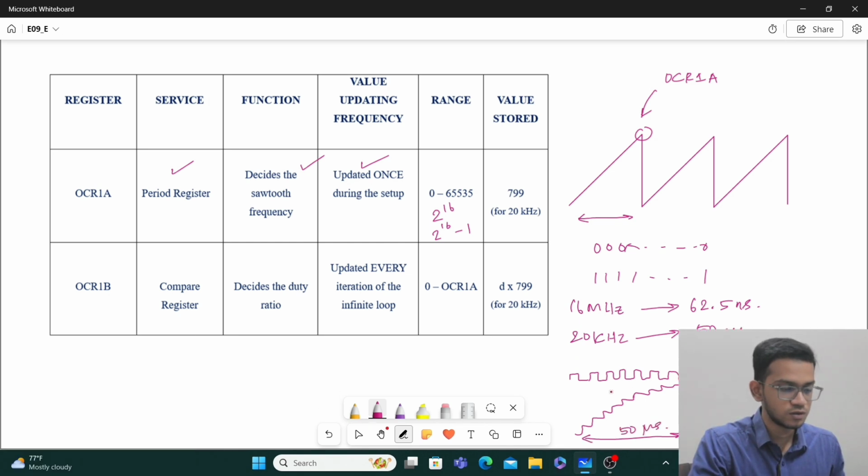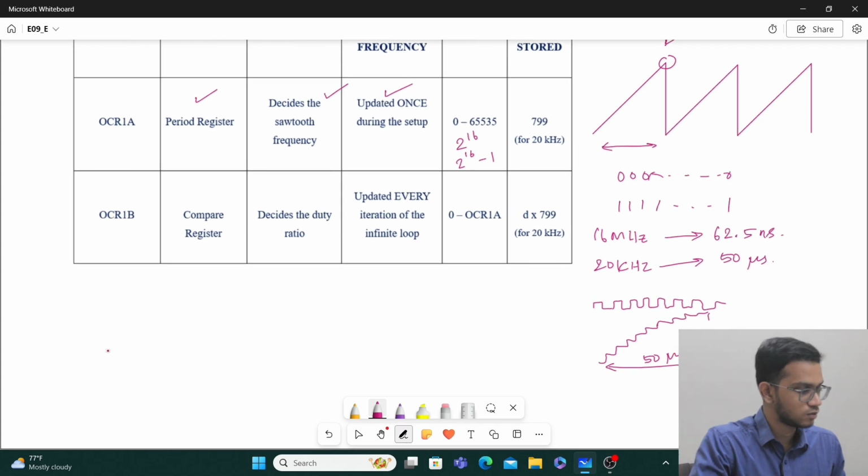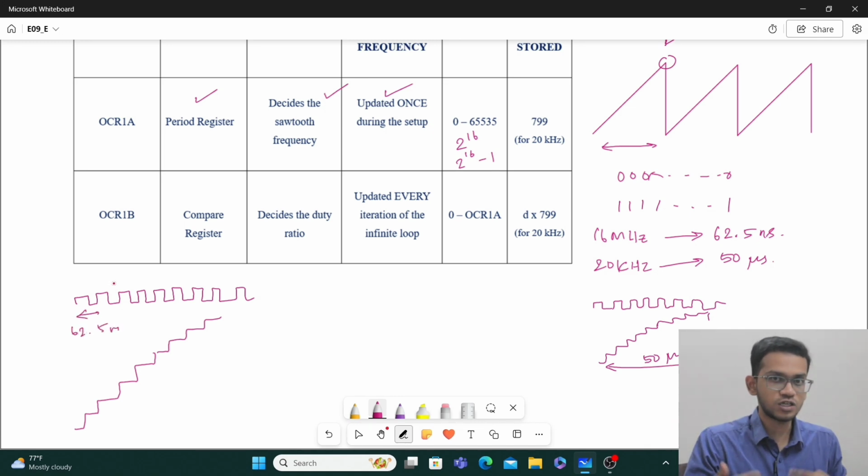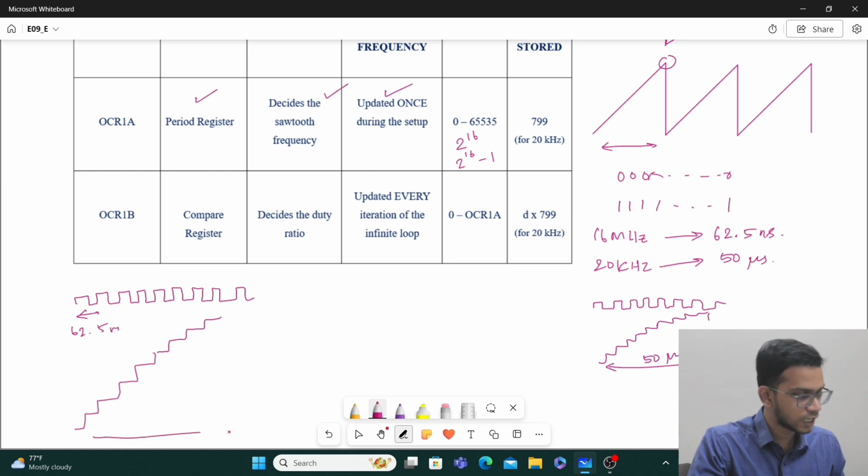Let me draw this clearly. How many such 62.5 nanoseconds should be present, given that each count happens per clock pulse? For each clock pulse it goes up by one. I know one is 62.5 nanoseconds, so how many such should be placed so that I can obtain 50 microseconds here?